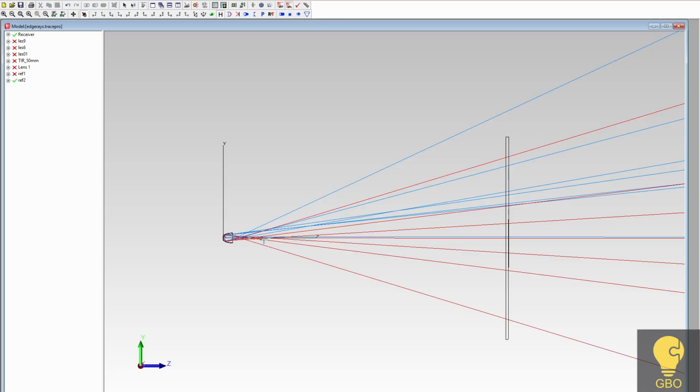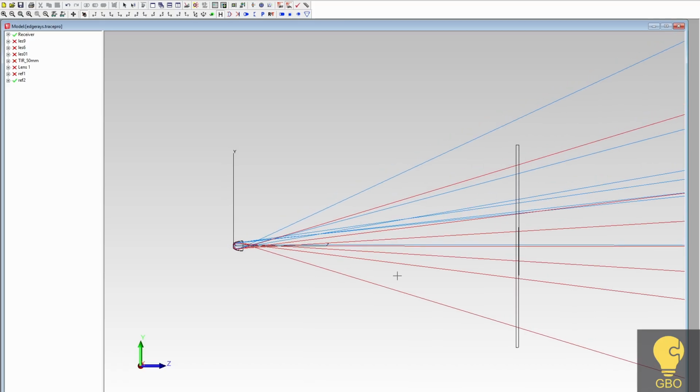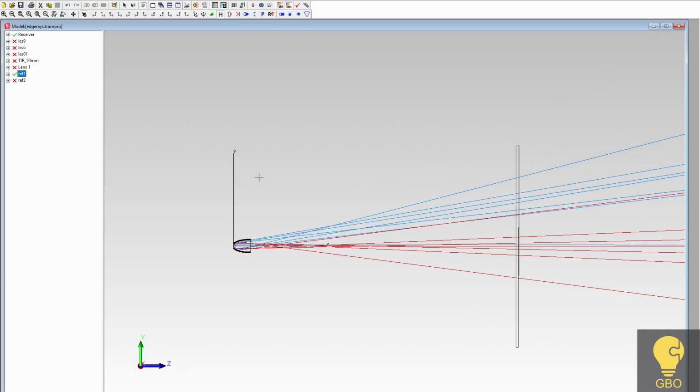If you look at the results of the simulation, we see that in the first case, the one with the point source reflector, rays are all over the place, especially the ones coming from the offset source in this region, which are completely off the target. Now, if we trace the other case, we see that all the rays are more concentrated and every one of them hits inside the target.